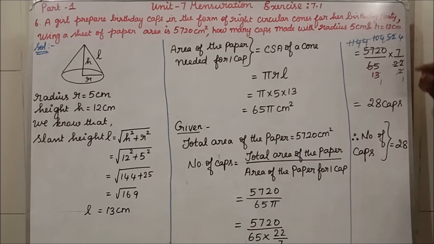So 4 sevens are 28. We have cancelled everything and got 1 and 1. So what answer have we got? 28 caps. The number of caps she is going to prepare is 28. Clear the question, all of you? Clear, students? Yes.